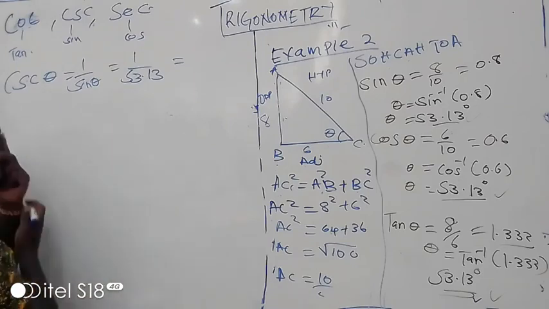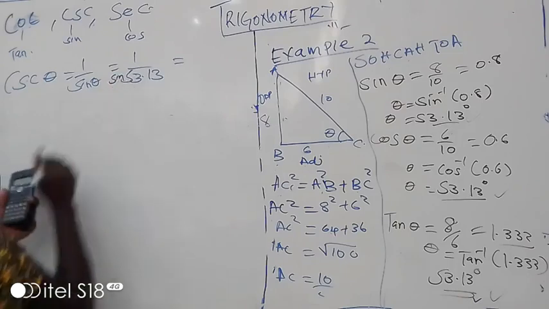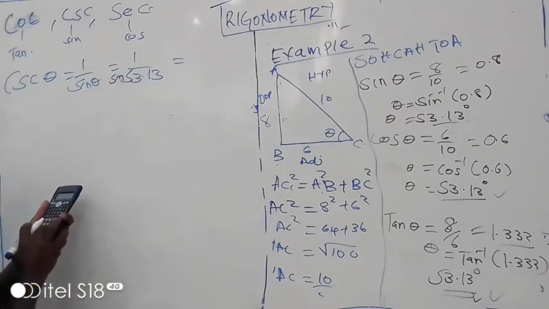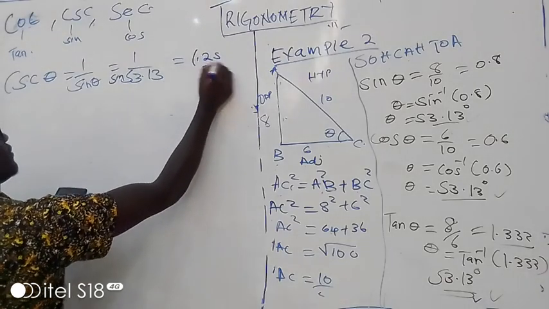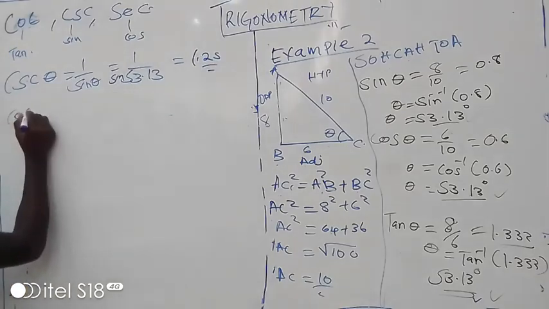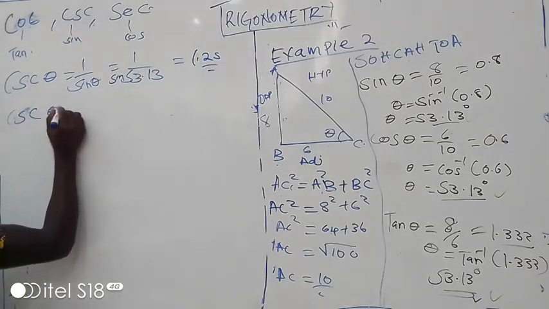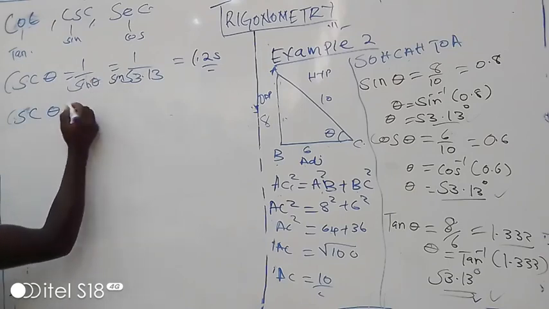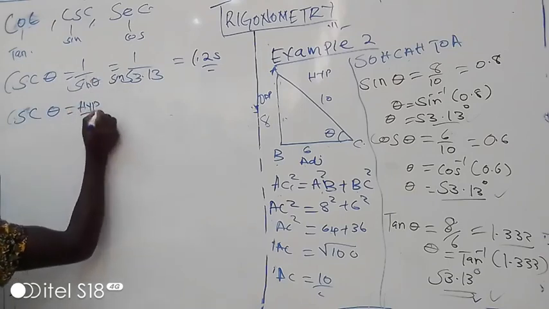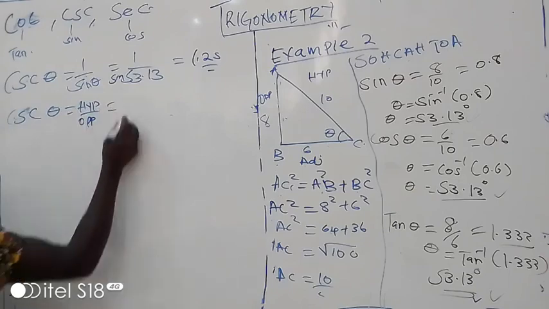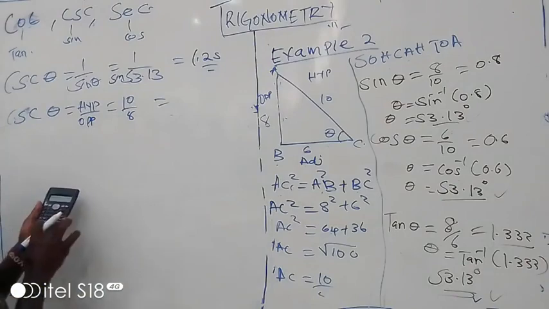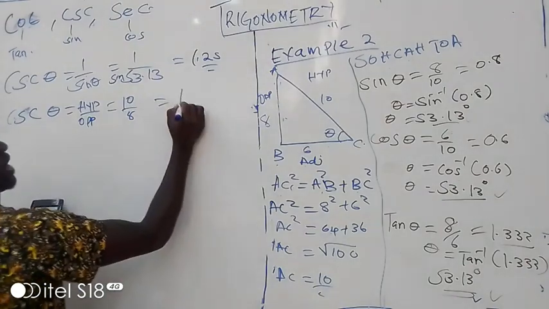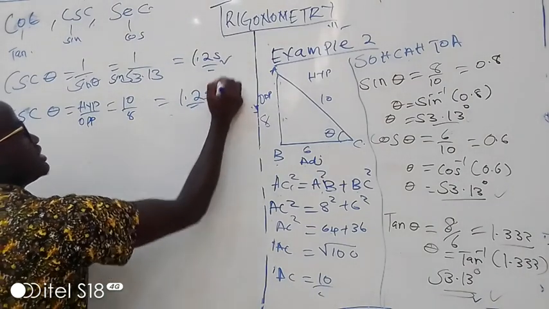It is 1 over sine 53.13, then 1 over the answer, it is 1.25. Now we can still see that cosec theta is equal to 1 over sine theta, which is hypotenuse over opposite. In this case, our hypotenuse is 10 over 8. So it is 10 divided by 8, it is 1.25. These are equal.